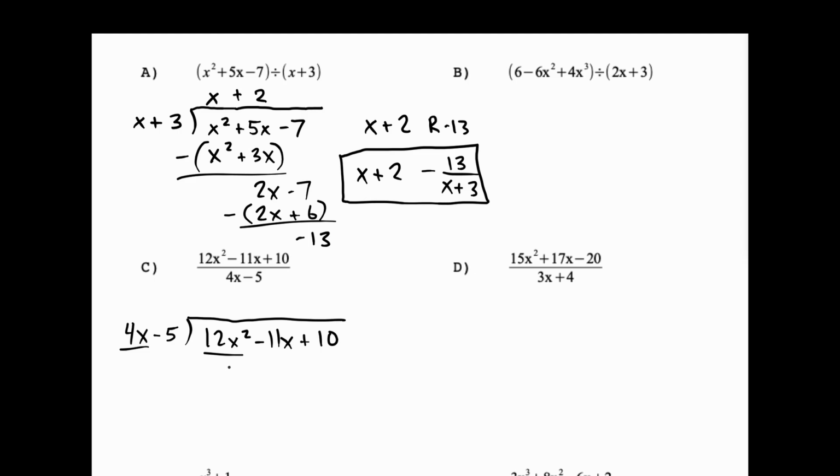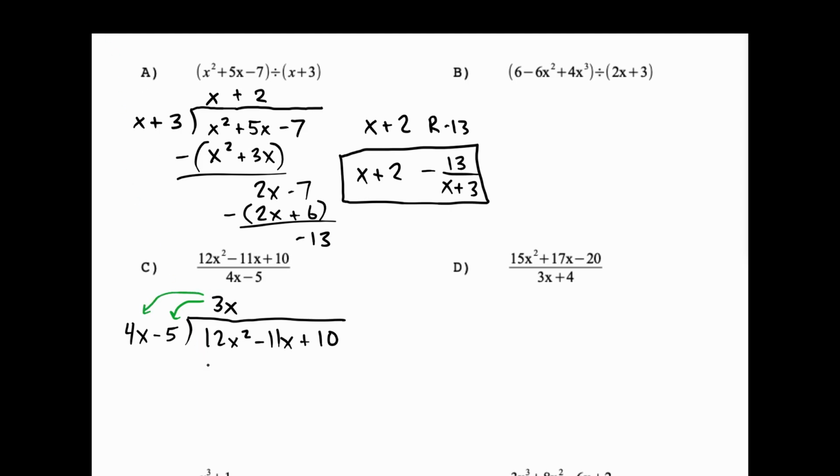So I think 3x would be great. 3x times 4x would make 12x squared. And when you're doing the first step, it's all about just trying to get something that's matching with this first term. And you don't really care about what happens here. You could deal with that later.